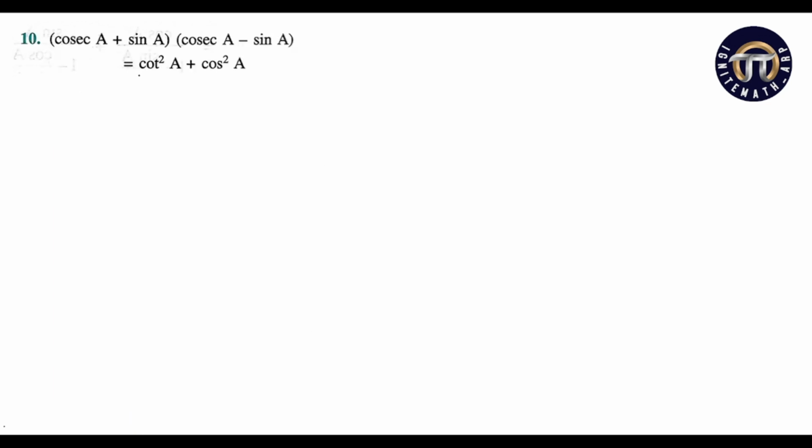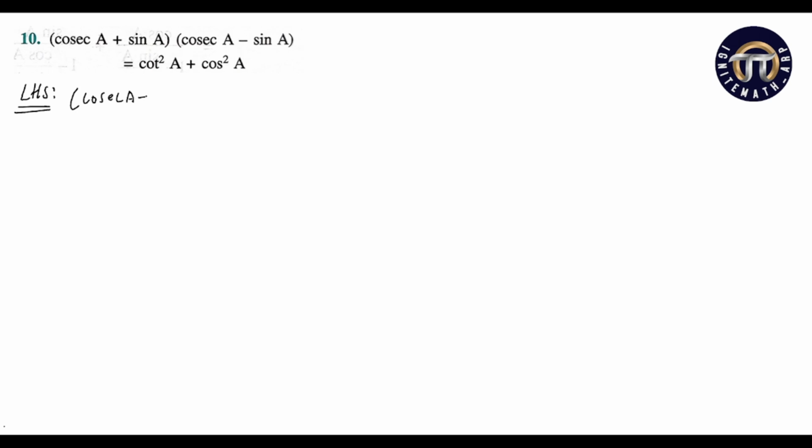See, (cosec A plus sin A) (cosec A minus sin A) is equal to cot square A plus cos square A, you are supposed to prove. Clear, children? So now what I do over here is, see, again I will take the LHS. What is LHS?